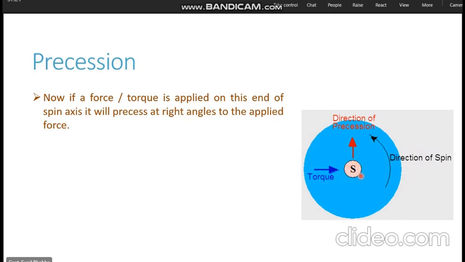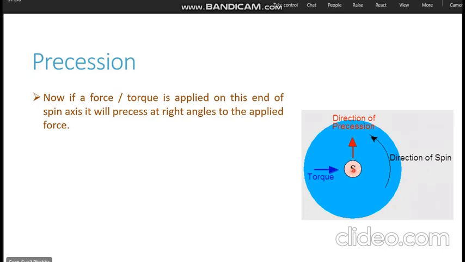Now if this was a normal object, the spin axis will move in this direction only. In the direction of the blue arrow, it will move in this same direction only if it was a normal object. But since this is a free gyroscope, it is not going to move in this particular direction. It will move at right angles to the applied force.